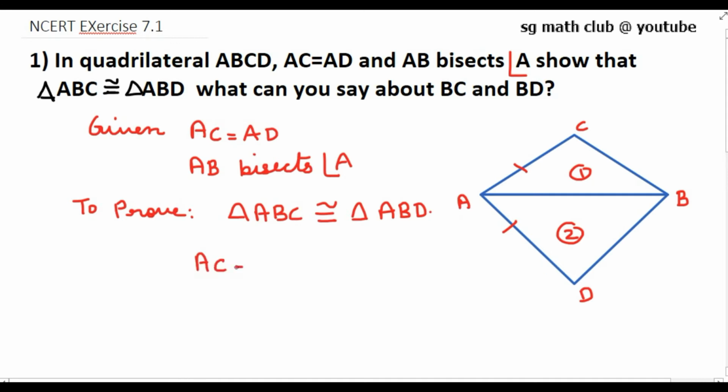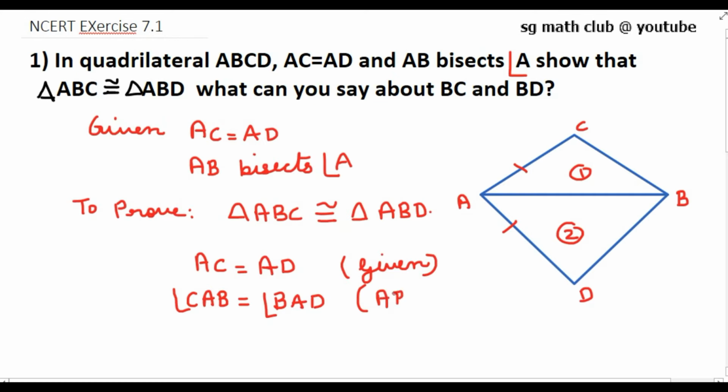So AC equal to AD, they have already given. Again, we can write angle CAB equal to angle BAD, because that is also given.